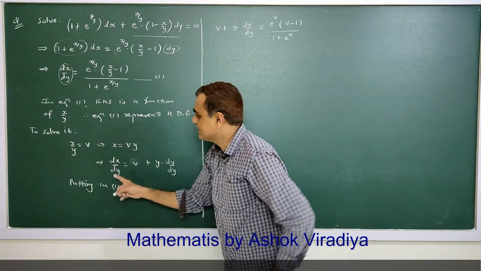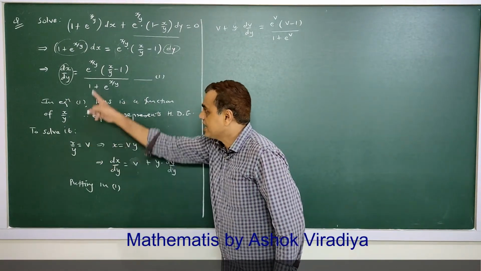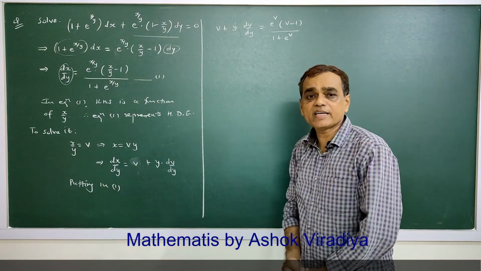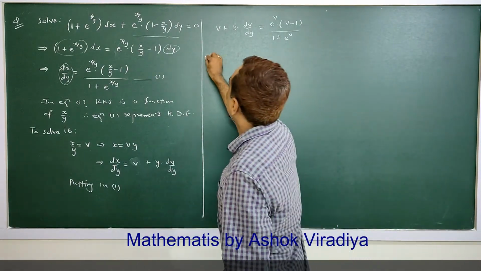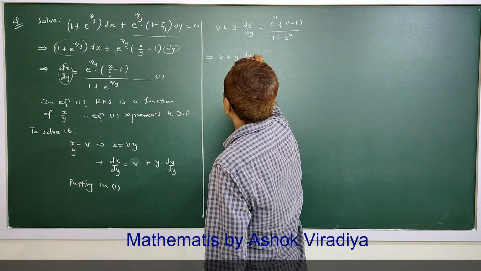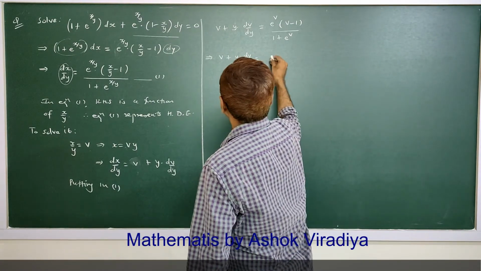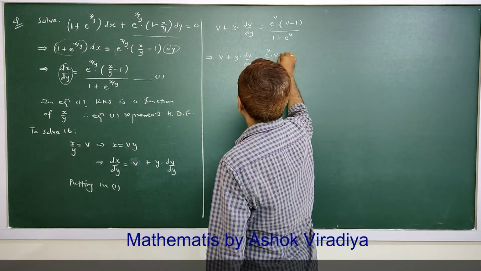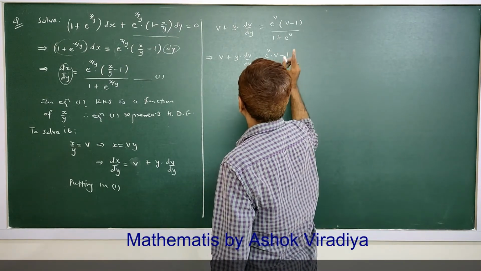X by y is replaced by v and dx by dy is v plus y into dv by dy. So therefore v plus y into dv by dy is e raised to v into v minus 1.